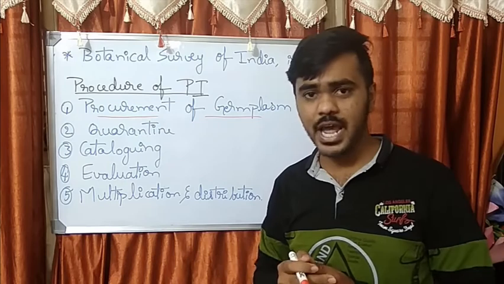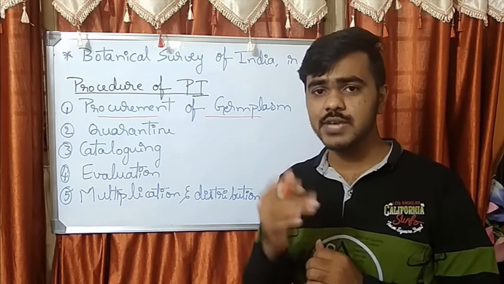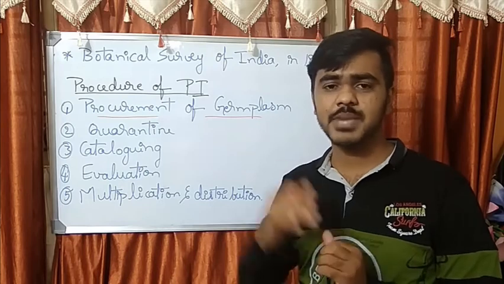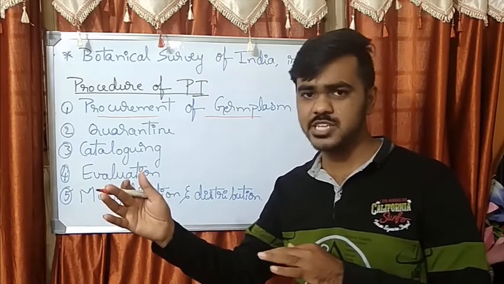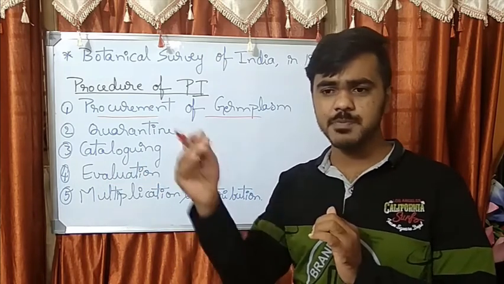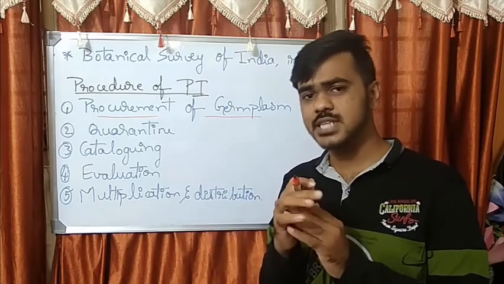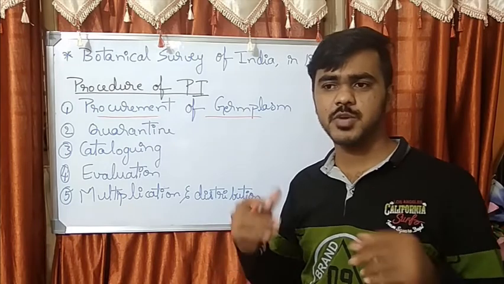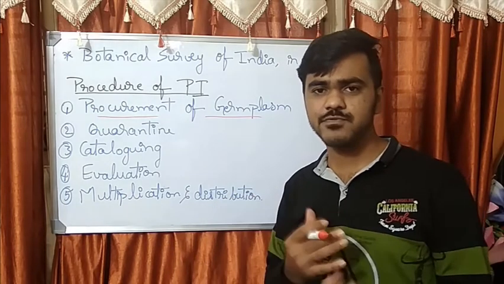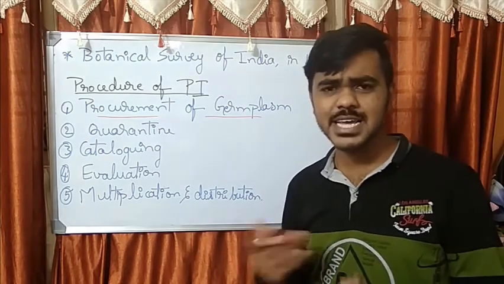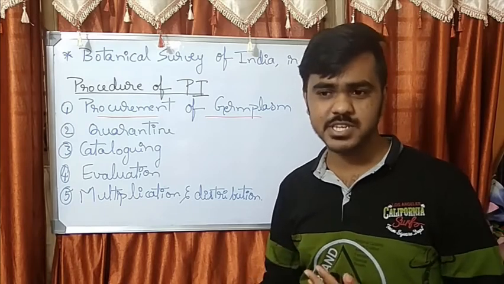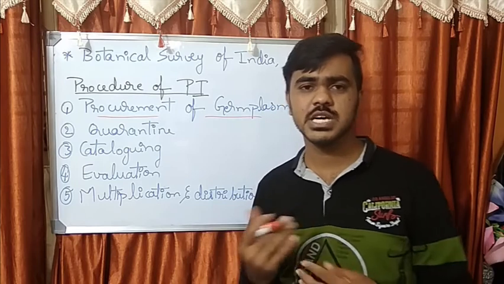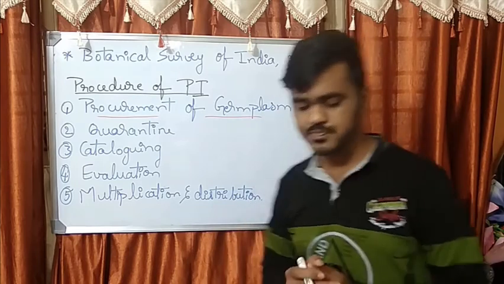If they don't have it, then they will put a quote to the international level, maybe IBPGR, International Bureau of Plant Genetic Resources, or the country which has such germplasms. Usually they are exchanged as a gift. Sometimes they have to pay, but most commonly they are exchanged as gifts.